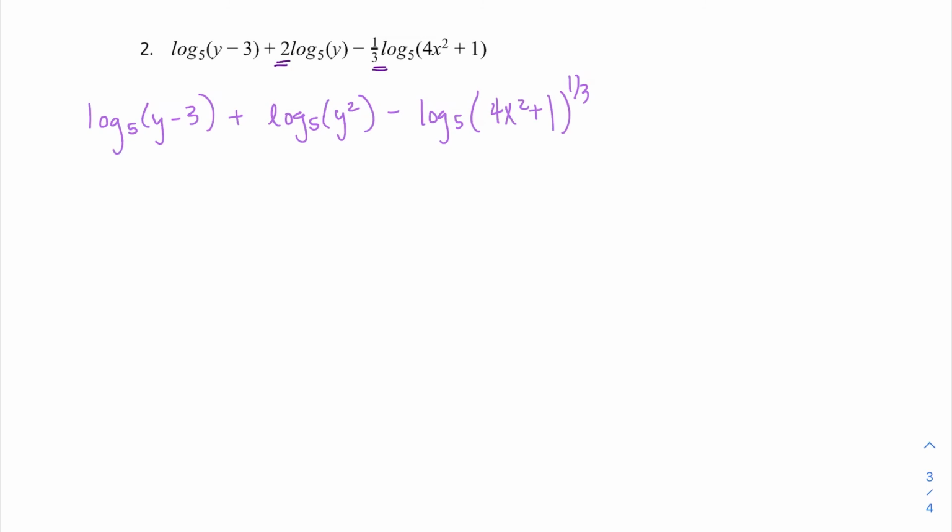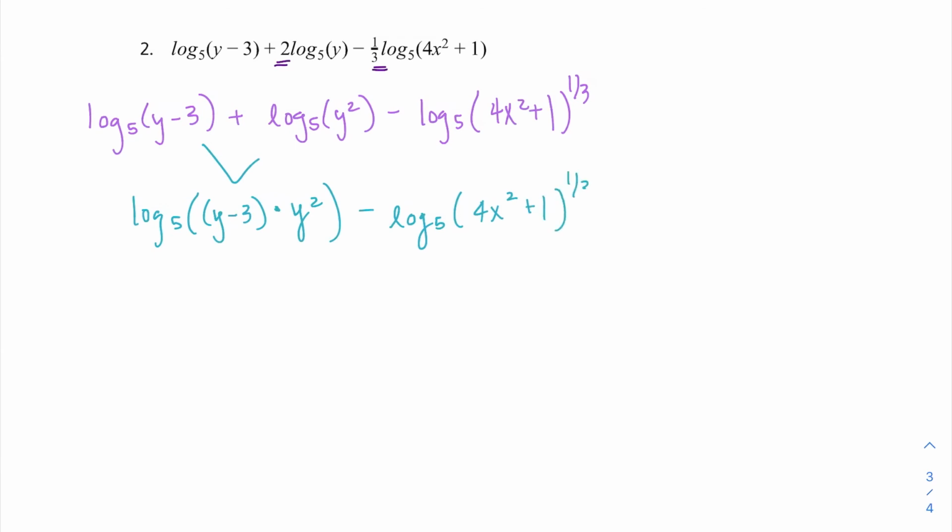Next, we'll do the product rule that says when we have addition between logs, we can condense that to multiplication inside of the log. So that'll be y minus 3 times y squared, and then subtracting, this one stays the same. Okay, you are able to leave this as an exponent. If you wanted to, you could change it to a cube root, but I'm okay with you leaving it as an exponent.